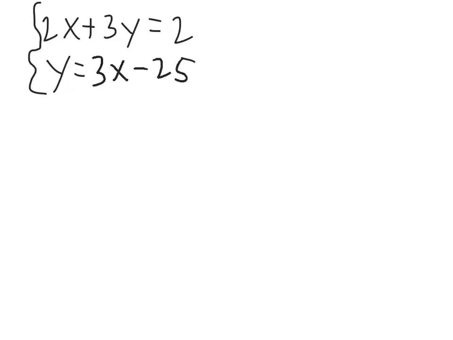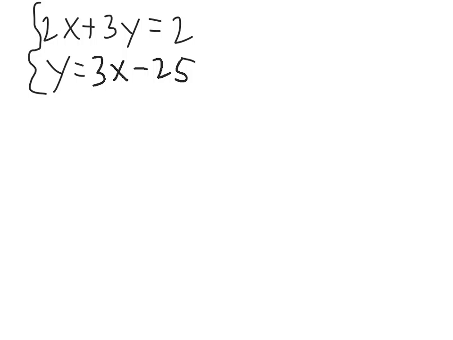So in this problem, we have 2x plus 3y equals 2, and y equals 3x minus 25. So, as I mentioned, one equation is already solved for you. However, it's not as easy as it was in the other one where it was just a variable equals a number. This one is y is solved in terms of x.